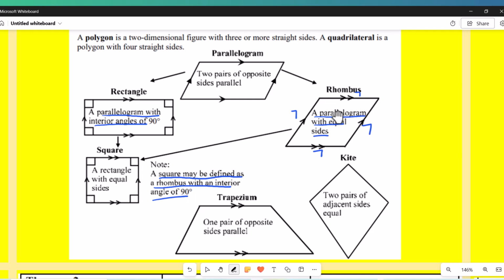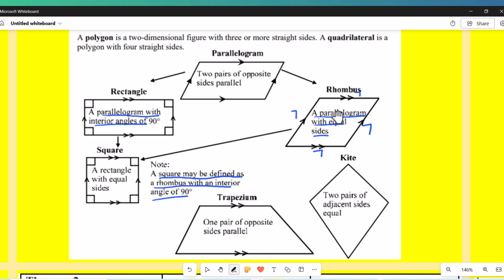Now, sometimes they can ask you to answer whether it is true or false. They can say that a rectangle is a parallelogram. Is that true or false? What do you think, guys? If they say that a rectangle is a parallelogram, are you going to say it is false or true?